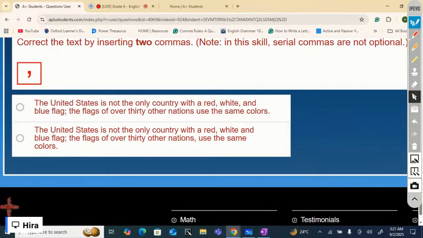Well, now again, the first option is correct. Let me give you reasons. Commas with series. Three items in a series: red, white, and blue. The names of colors are mentioned in a series, so you have to separate them using commas.